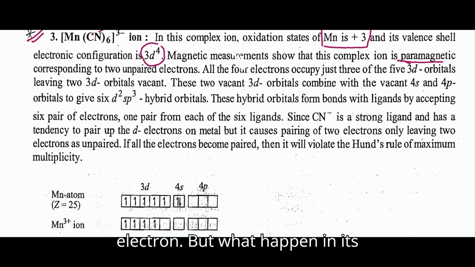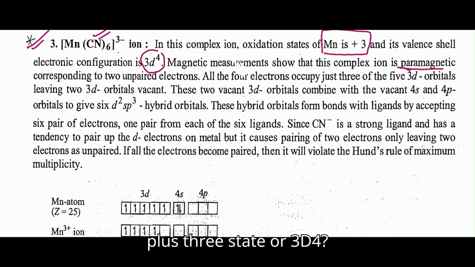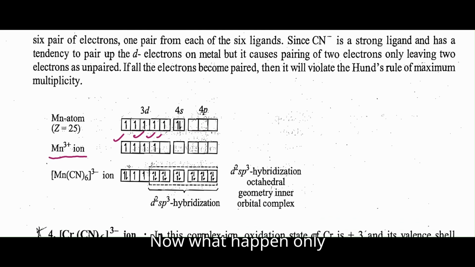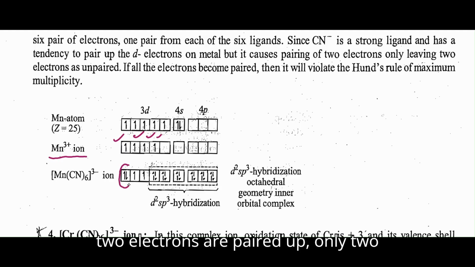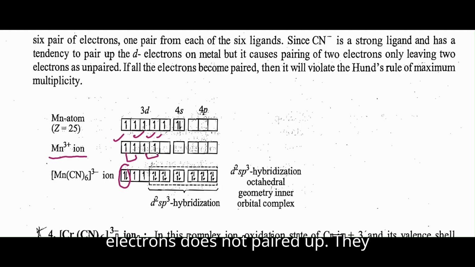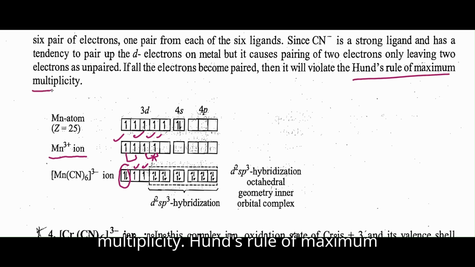But what happens in its +3 state, or 3d4? In the 3d4 electronic configuration, 4 electrons are present in d. Now only two electrons are paired up, and the other two electrons do not pair up. They remain unpaired, because if they also paired up, it would violate Hund's rule of maximum multiplicity.